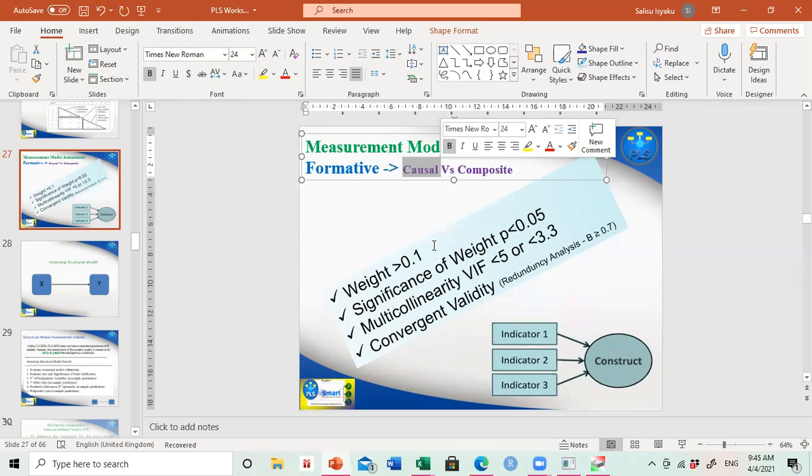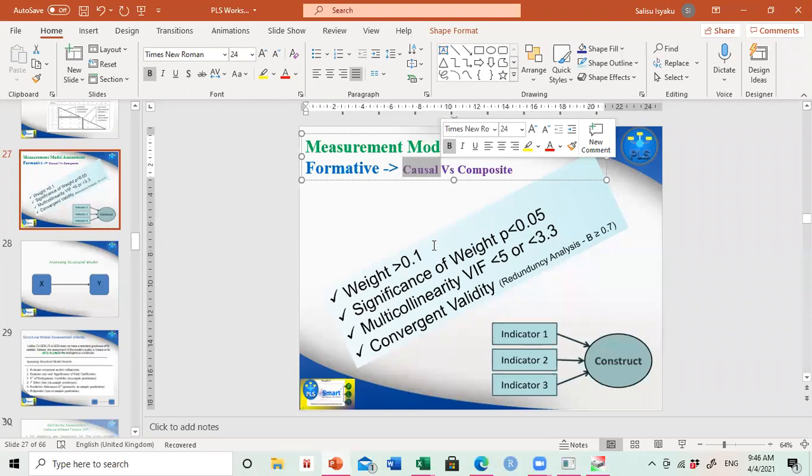What differentiates composite is that composite is complete, 100% of the items. You don't delete any. I'll give you an example. Those in the marketing department should know what is called the 4 P's: product, price, place, and promotion.